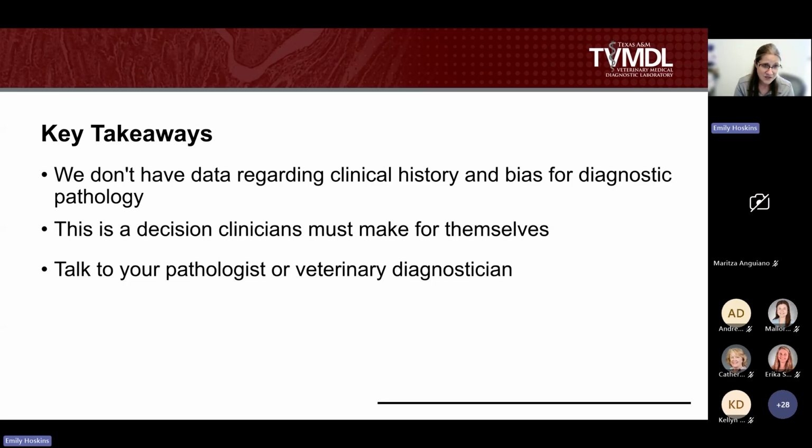We are absolutely happy to talk to you about questions about history or testing, and that's why we're here. We're here to help and serve the people and the animals of Texas and beyond, and to help you help your clients as best that we can. It's what we're called to do, and truly why we're here, and we would love to talk to you.